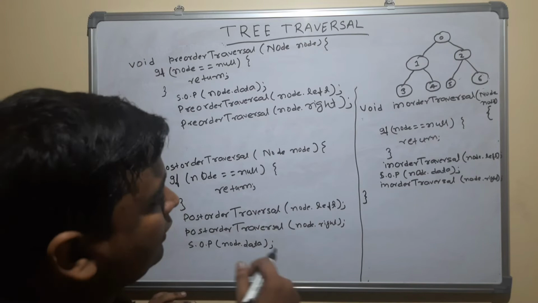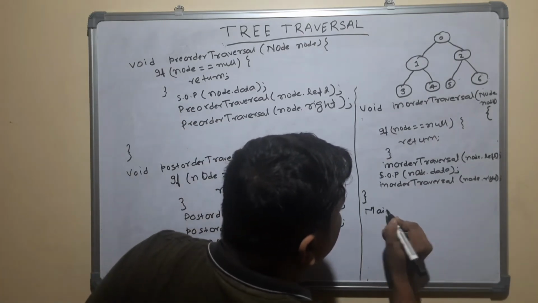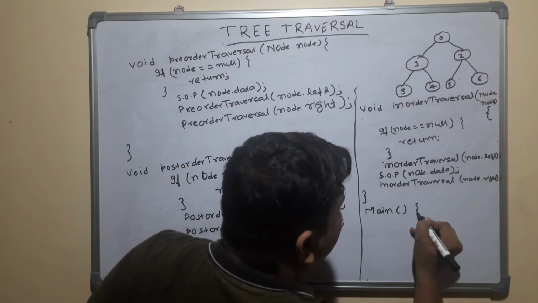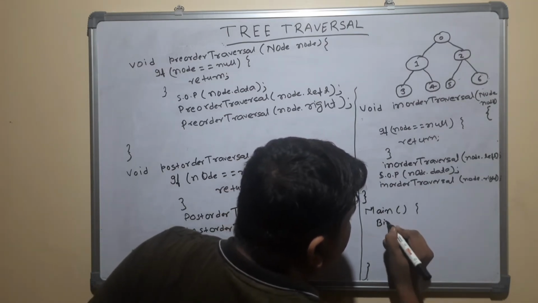Now we will also write the main program, the main method. In the main method we will create one binary tree.